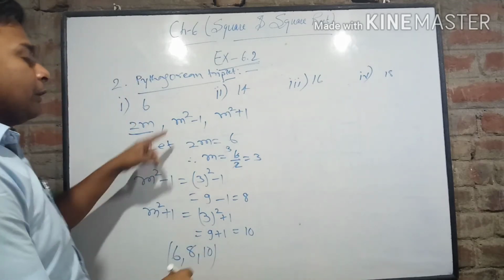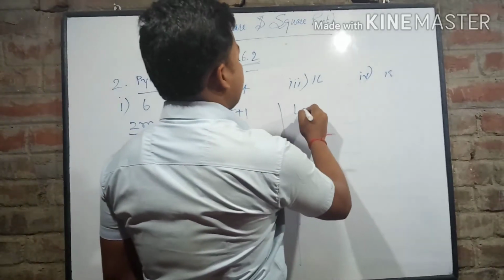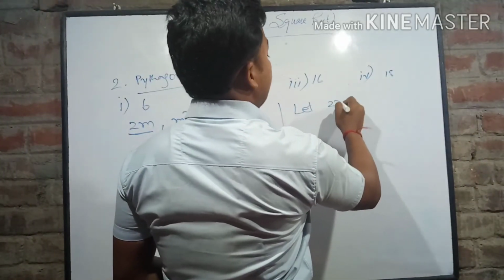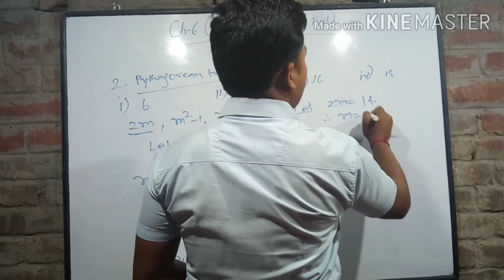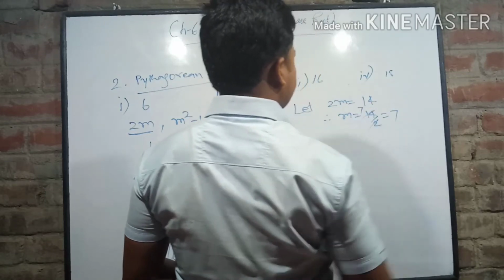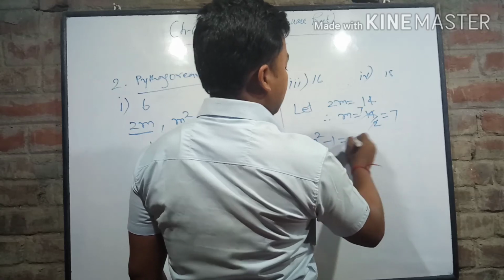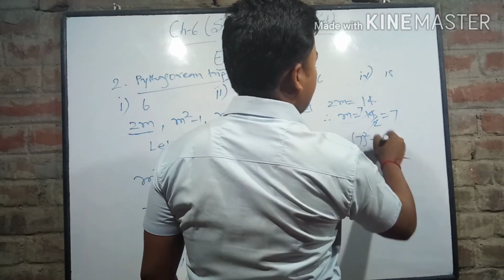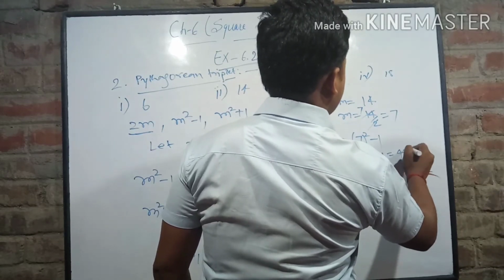If we take the example of the second one, we can write that let 2m be equal to 14. So here we can get m is equal to 14 upon 2, that is equal to 7. Now my dear, the second member, m square minus 1, that is equal to 7 square minus 1, 49 minus 1, this is equal to 48.